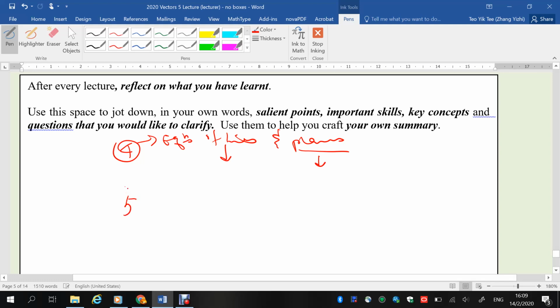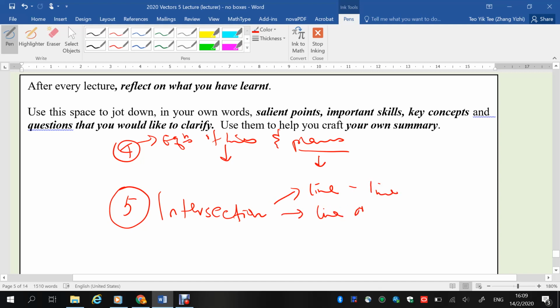And in chapter 5, we deal mainly with intersection: intersection of line and line, intersection of line and plane, intersection of plane and plane.